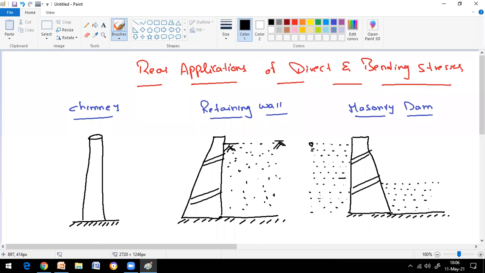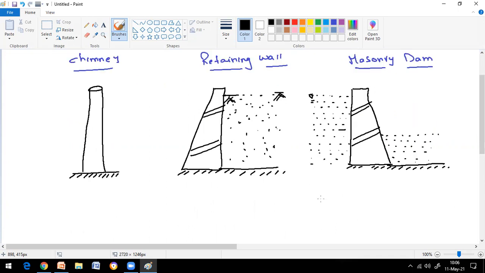Now, why are these structures considered members subjected to direct and bending stresses? We have to know. Please observe carefully. Here this is a chimney, where this is the original axis of the member. Chimneys always have a self weight.